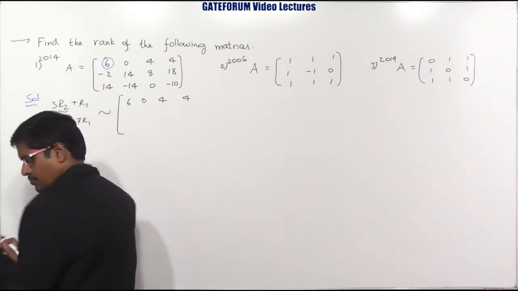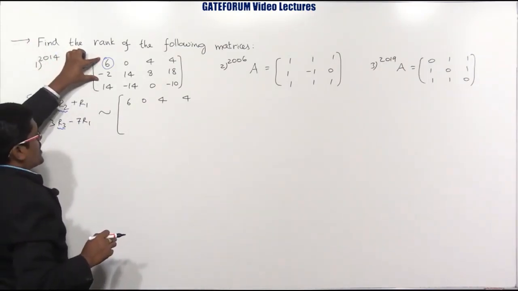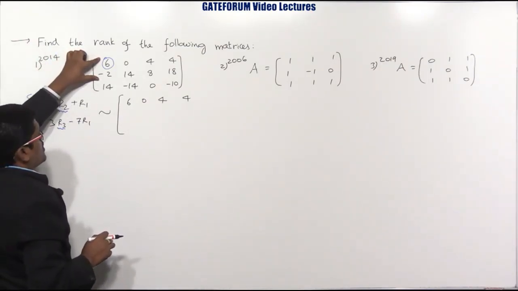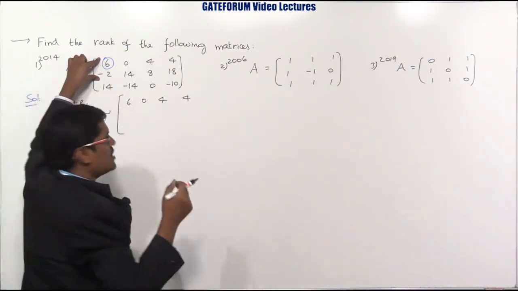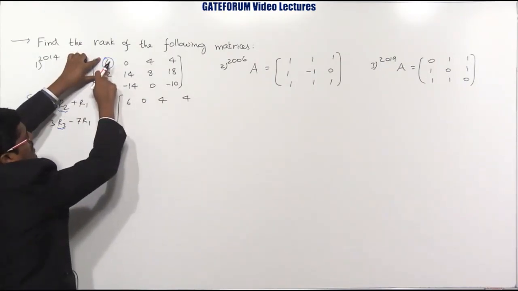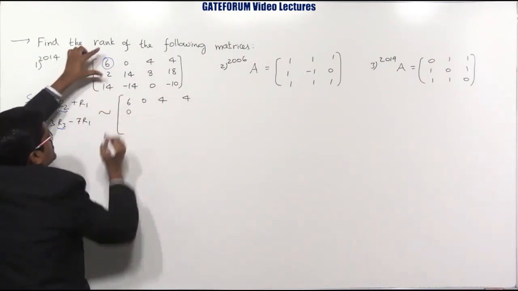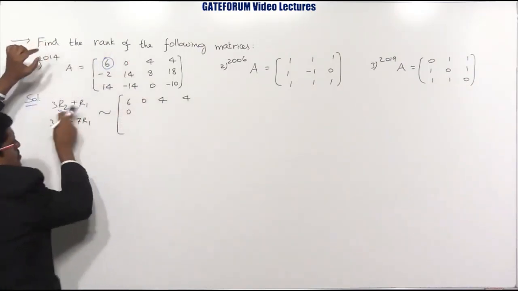So now take care, hold like this. These two fingers: one finger shows the R2 row and the other one is the R1 row. So first here multiply by 3, use mental calculation. 3 into minus 2 plus R1's element, which is 6. So minus 6 plus 6, 0. Next, hold like this. 3 into 14 plus 0, keeping this in mind.